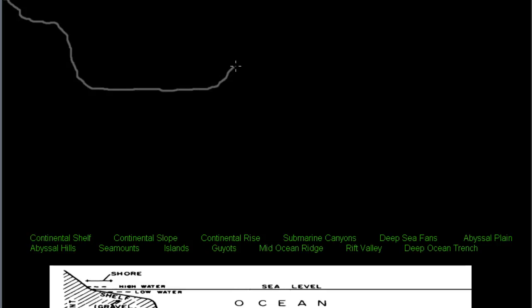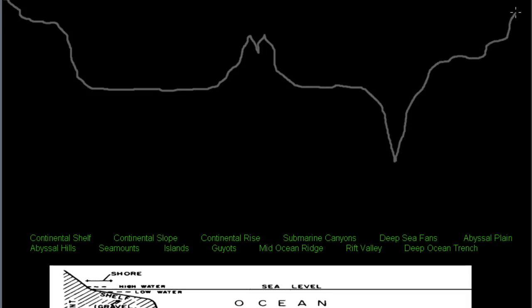Then post-World War II, we found this great big mountain range in the middle of the ocean, to some more flatness, and we found deep ocean trenches, deeper than anything on dry land, and then we went all the way back up to the other side of the ocean, the east side of the ocean, the west side of this continent.